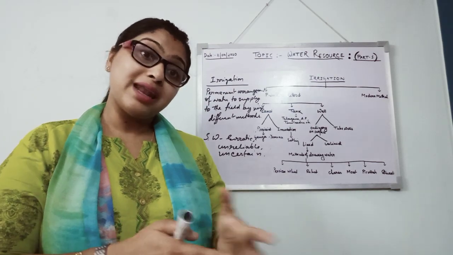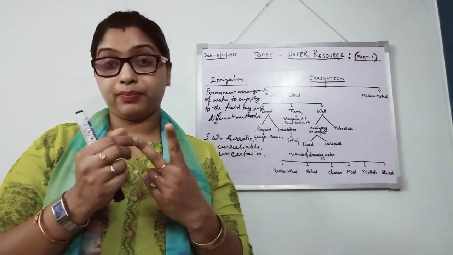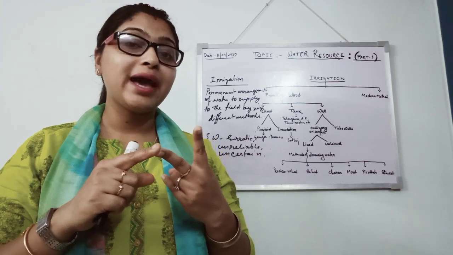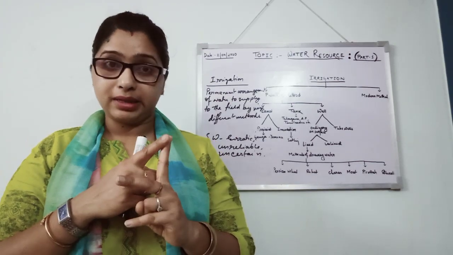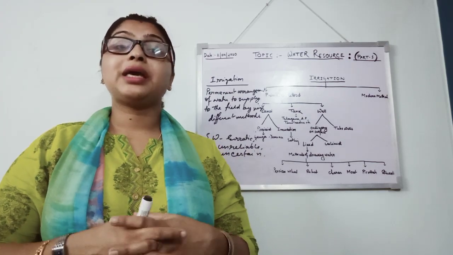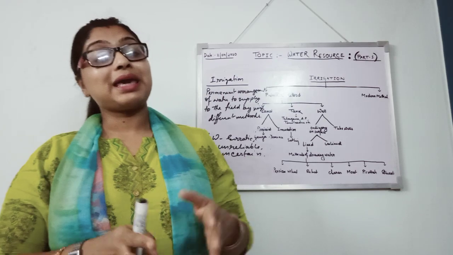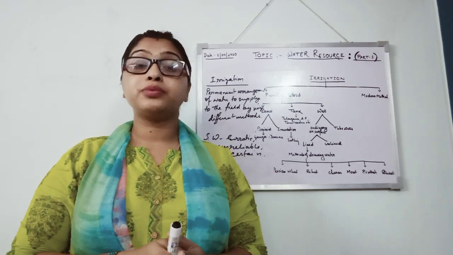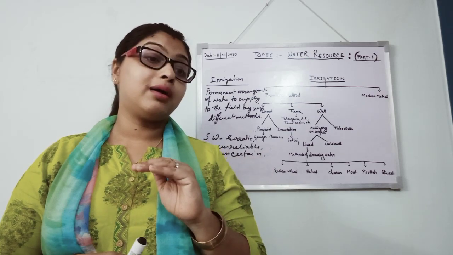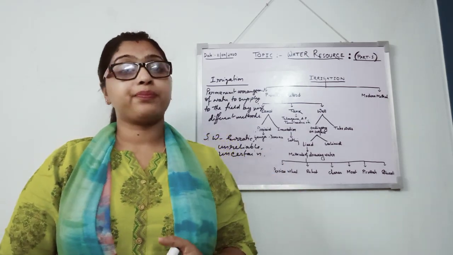This canal can also be divided into categories. One is the inundation canal, another is the perennial canal. To make a canal we need a soft rock area, or we can say a lowland area where alluvial deposition is maximum.